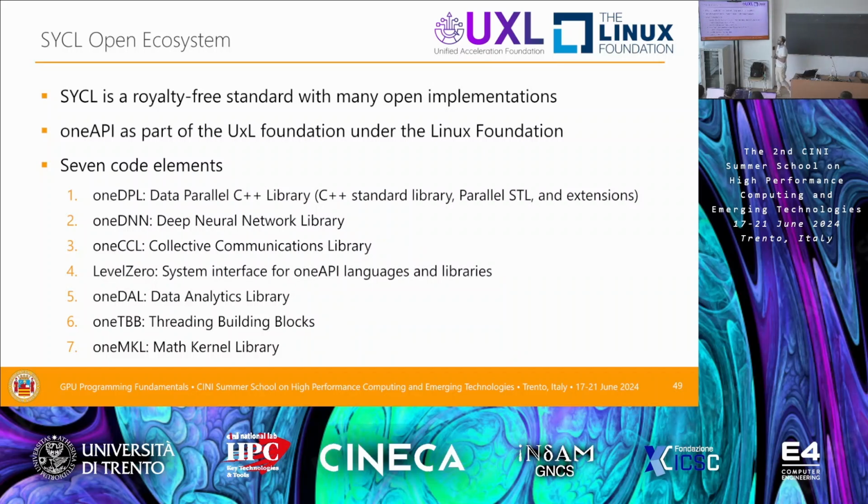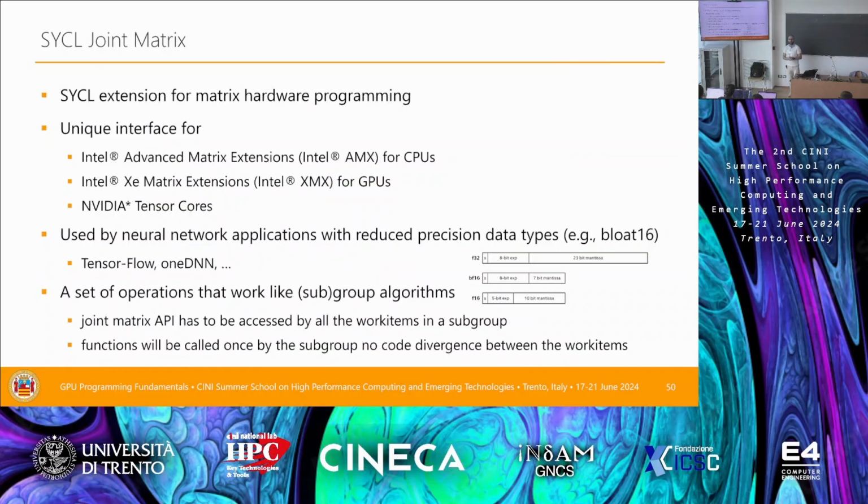So among them we have, for instance, oneDNN, which is a neural network library. I mean, as you know, AI now is everywhere. Indeed, both the ecosystem and the standard are caring about that. And one way to support this is the SYCL joint matrix extension. Now, one note: this is not standard yet.